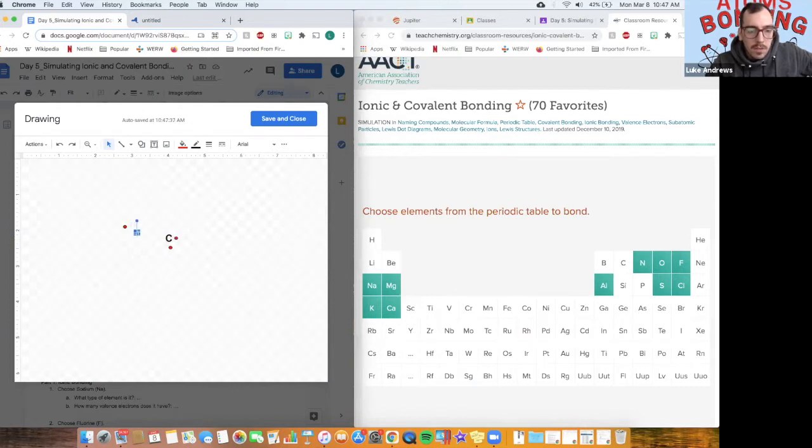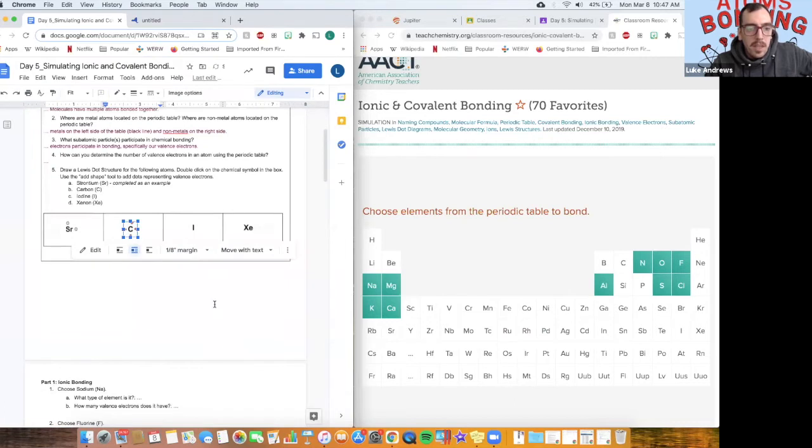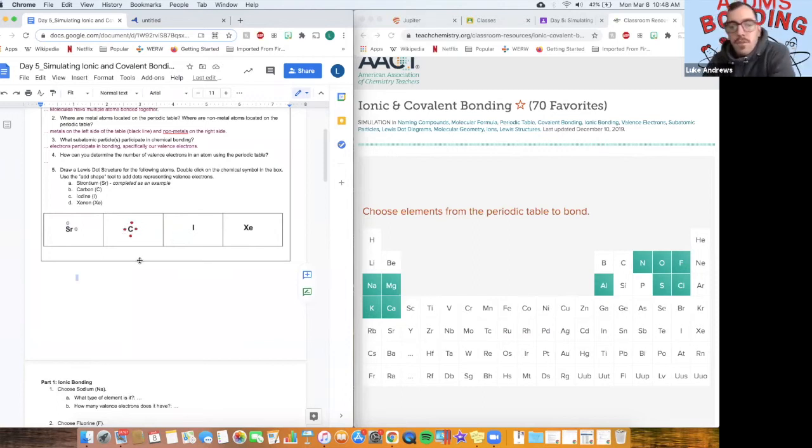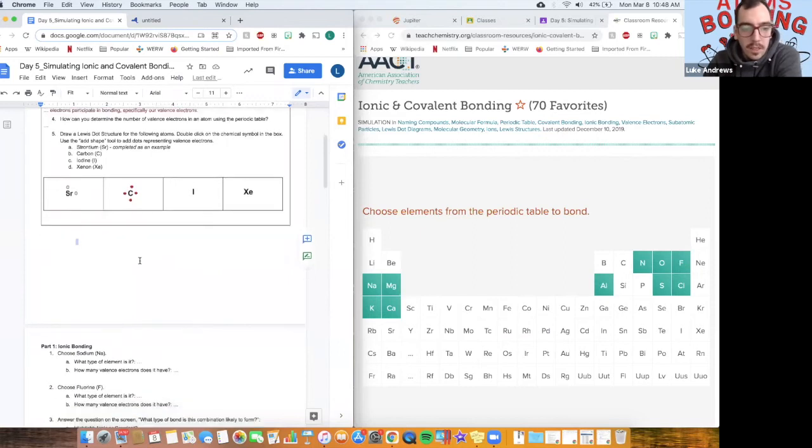It's nice and straightforward. And I can just use my arrow keys to move them around. If you're on an iPad, you can just click and drag them around with your finger. Pretty straightforward. There you go. So it's a little sloppy, but that's a Lewis dot structure for carbon: the chemical symbol with 4 dots around it, representing 4 valence electrons.